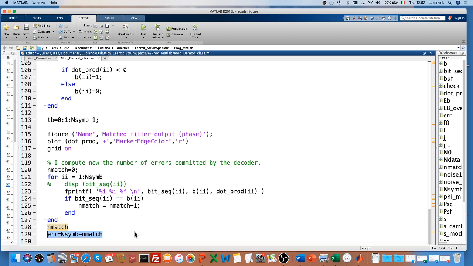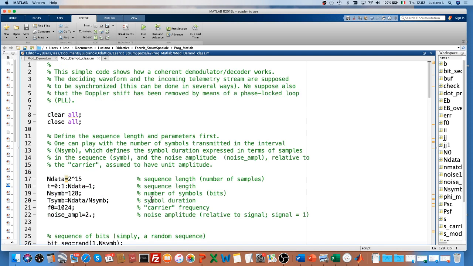So we are in a situation, remember, let us go to the beginning. We have 128 symbols. And if you divide 2 to the 15 by 128, you will see that there are 256 samples per each bit, because 128 multiplied by 256 is exactly 2 to the 15.